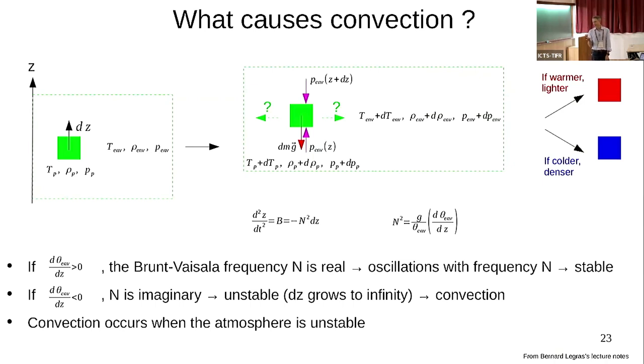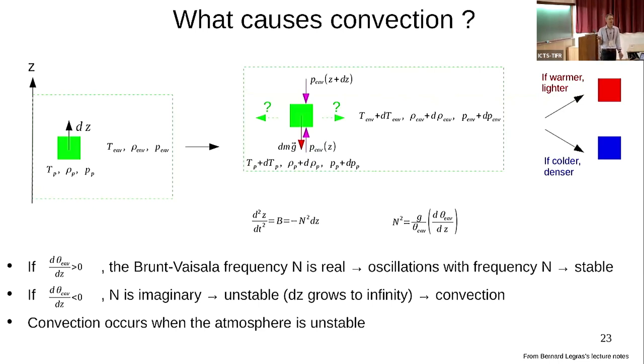If the derivative of the potential temperature of the environment is negative, it means that N is an imaginary number. And so the z of the parcel will grow to infinity. It's an exponential growth, and so it's unstable, and so you have convection.